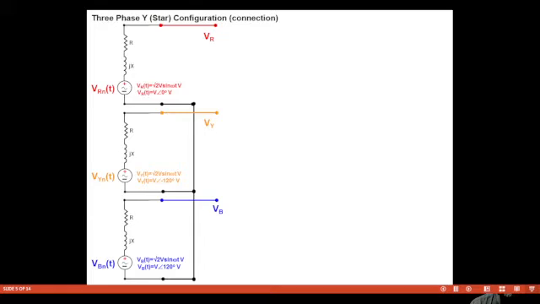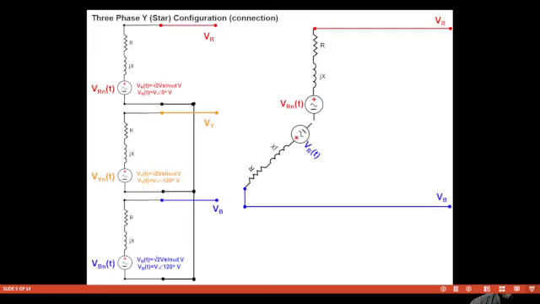Now, if we take the red one as it is, and the blue as it is, and the yellow as it is, the red shows the live wire, VY shows the live wire of the yellow, and VB shows the live wire of the blue.